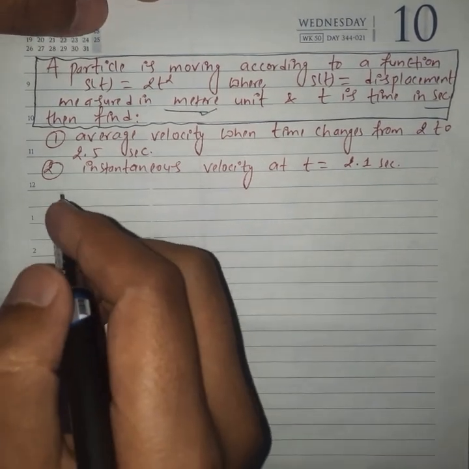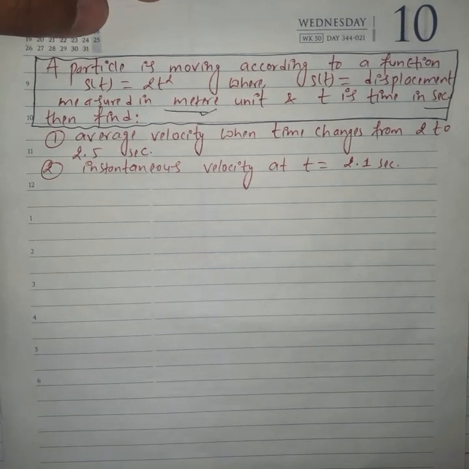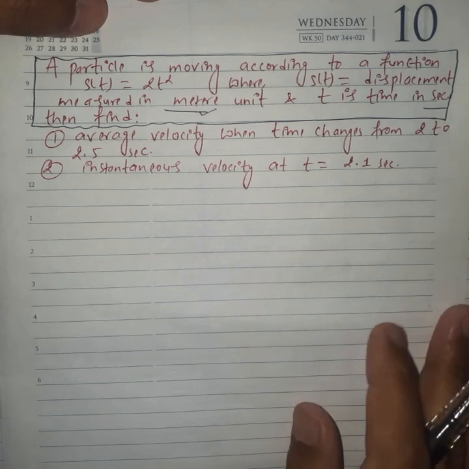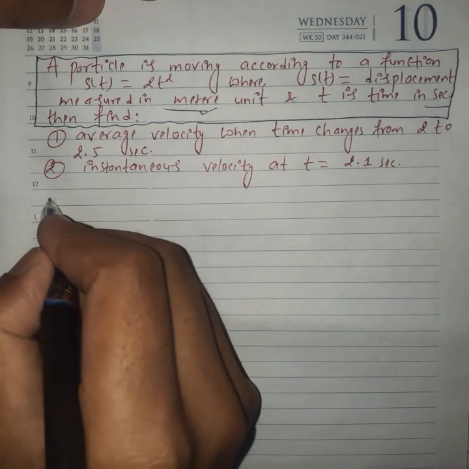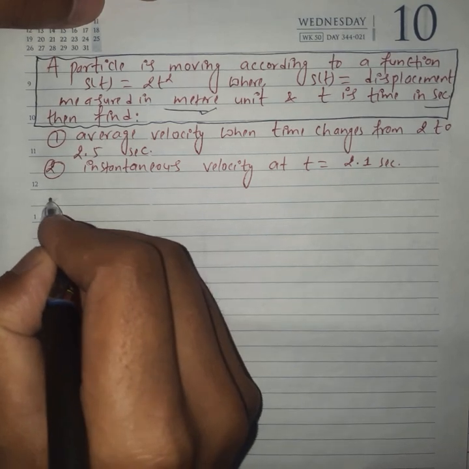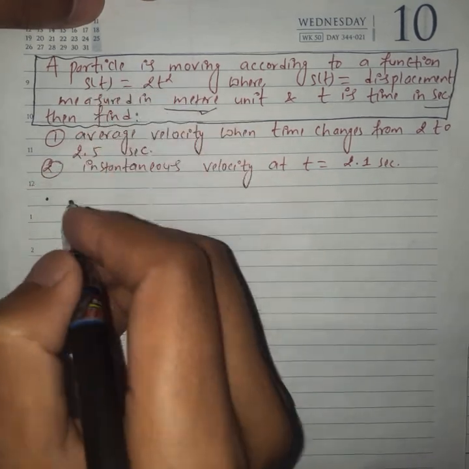Here we can use the concept of differentiation to calculate the instantaneous velocity. First of all, let's write the given function.